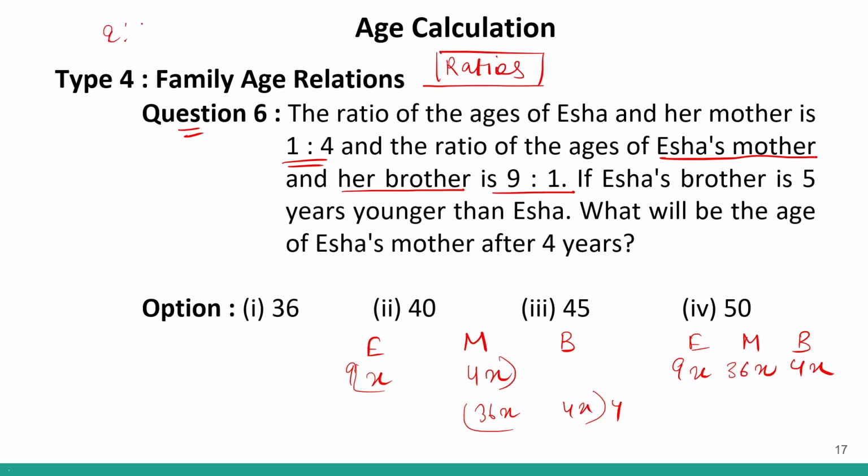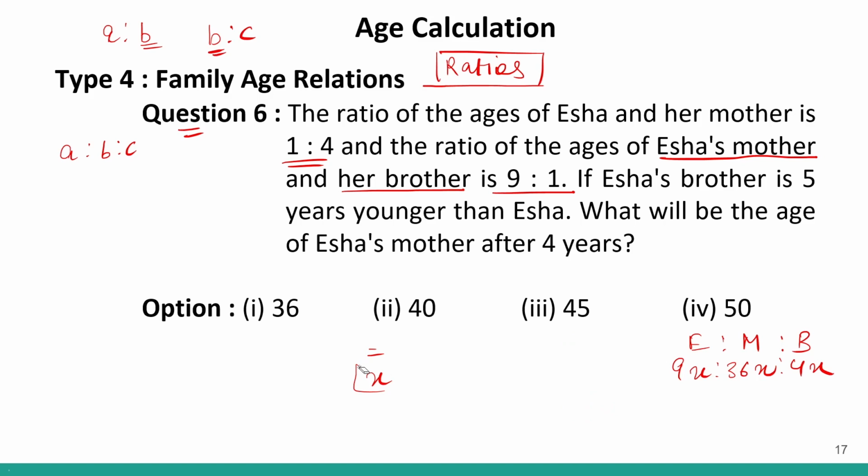If A is to B and B is to C given to us, we have to make B equal so we can get A is to B is to C. So over here we had to make the value of mother equal so we can get Isha is to mother is to brother. So the final ratio that we'll get after multiplication will be 9x is to 36x is to 4x.